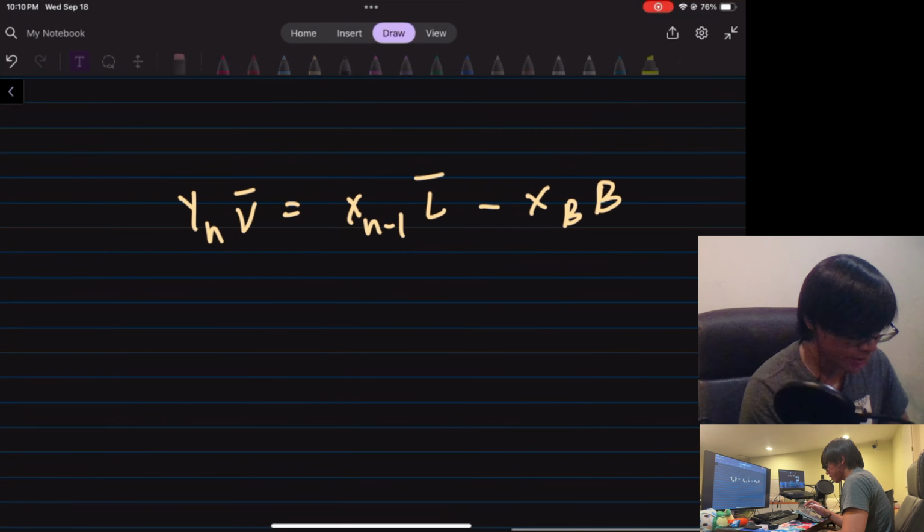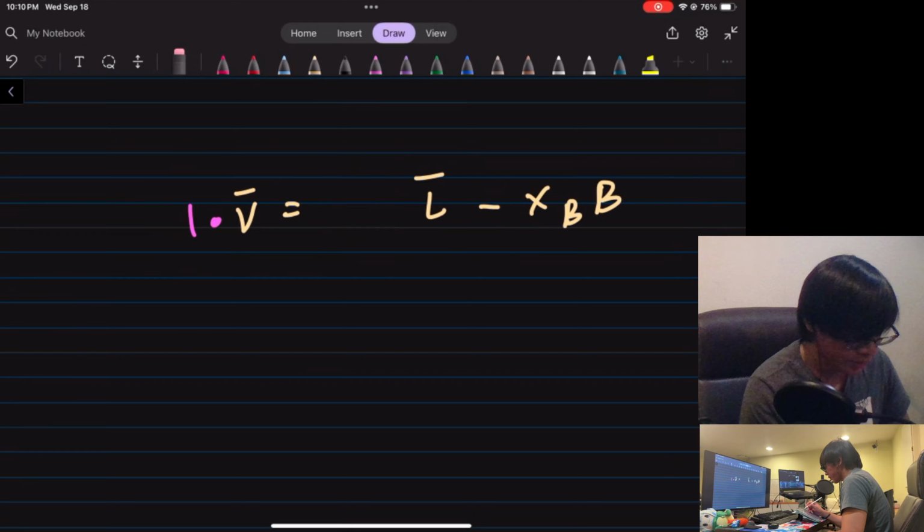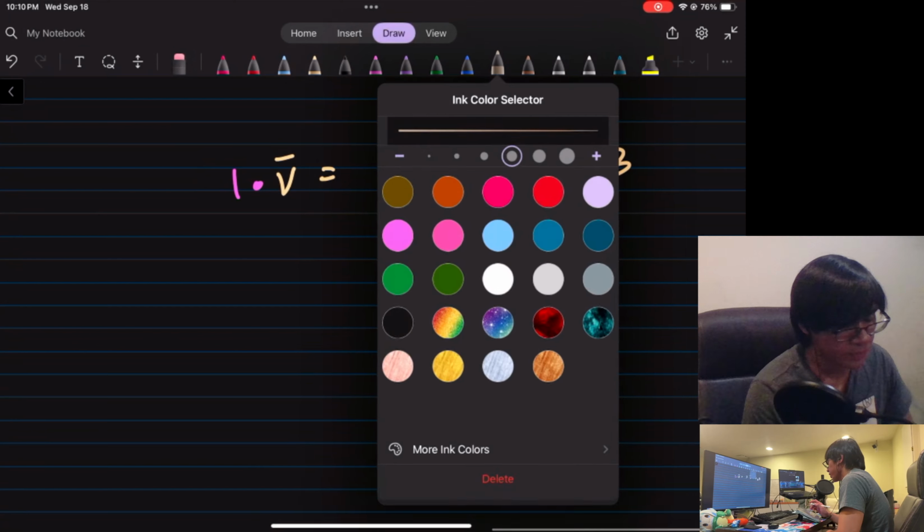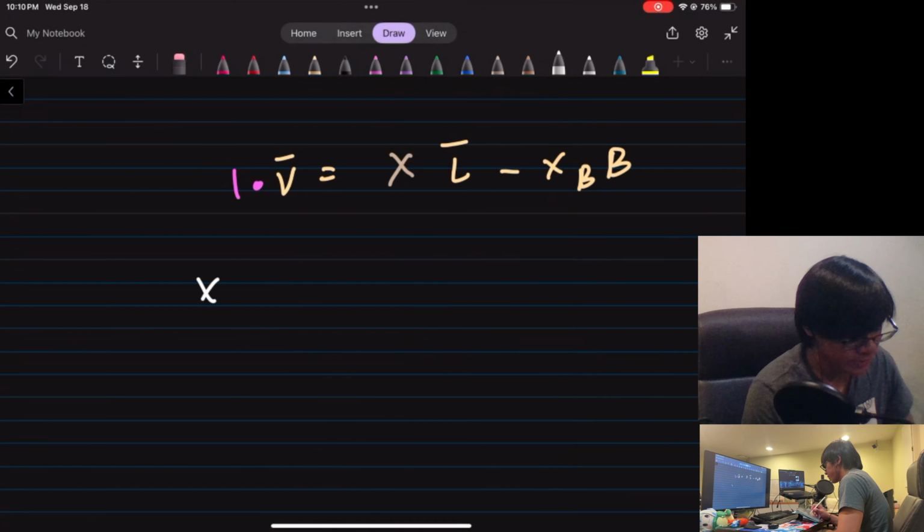So again, y equals 1, removing the notation. We have x_2 for V bar plus V, algebra at this point.